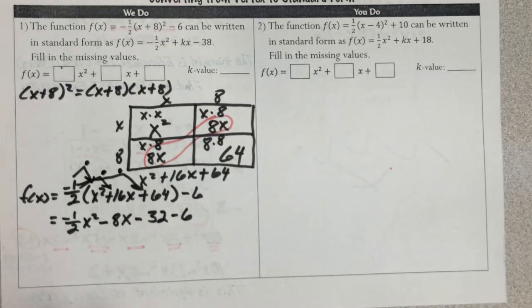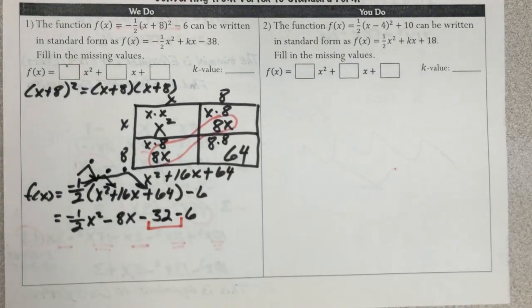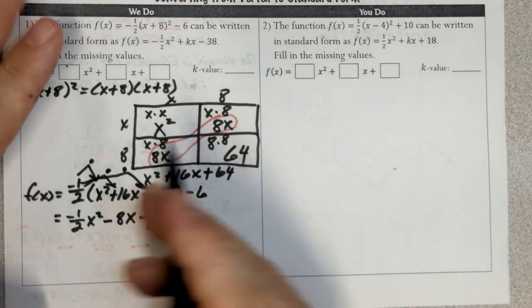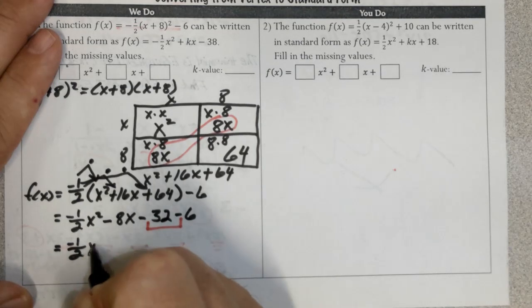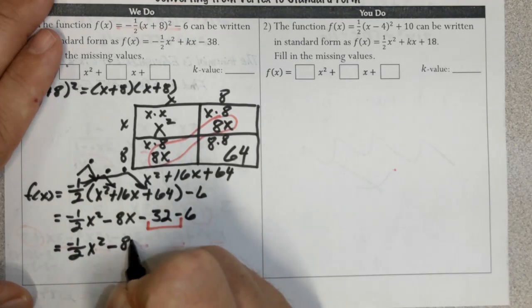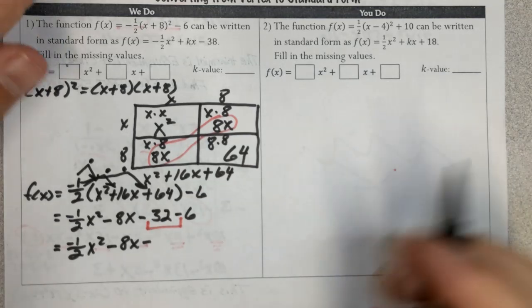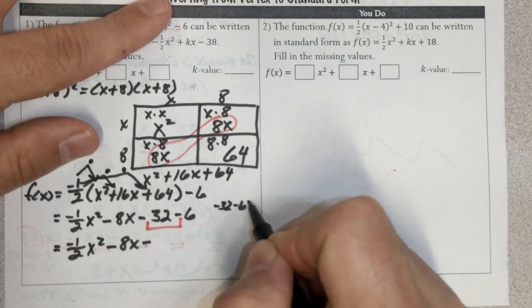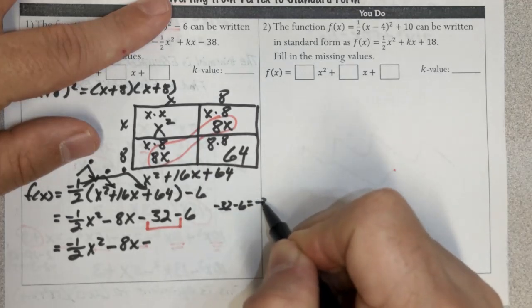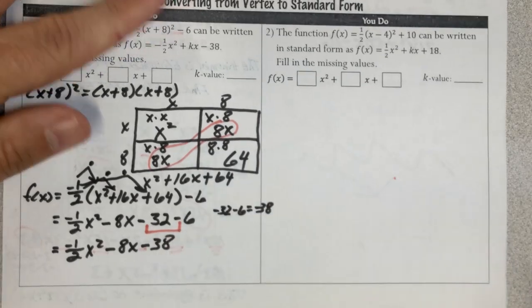Almost there. So now we're going to put the negative 32 and the negative 6 together. So that gives us negative 1 over 2 x squared minus 8x, and negative 32 minus 6. So again, if you can't do that in your head, use the Desmos on your desk. That'll give you negative 38. So this will be minus 38.